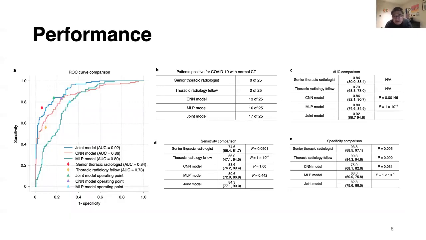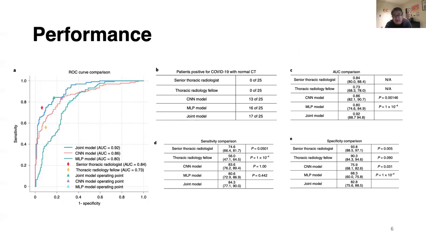So for the ROC curve in figure A, it compares the ROC curves produced by the joint model, the CNN model trained on the basis of just CT images, the multi-layer perceptron model trained on the basis of clinical information, and 2 radiologists.